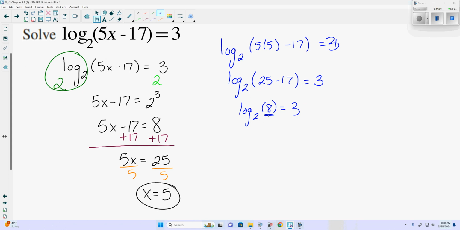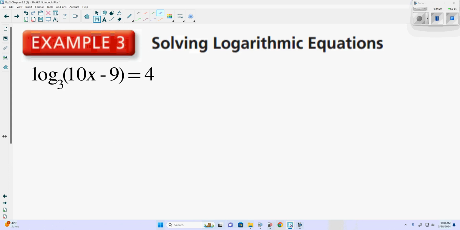When we just have one log, it's not going to be much of an issue. But there are some values that come back that are extraneous that don't work. But for what we're looking at today, for the most part, we should be fine. And really, when we check it, we're just making sure that our value of x does not make 10x minus 9 be a negative number or 0.